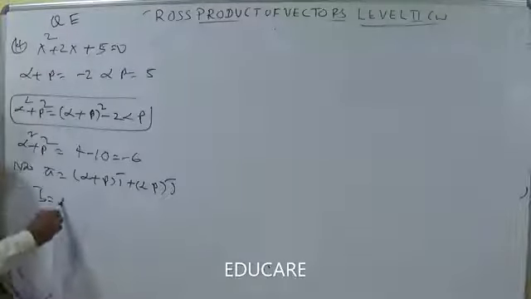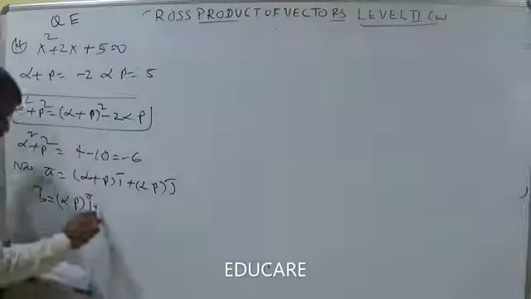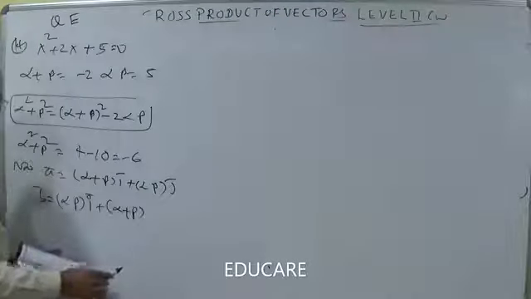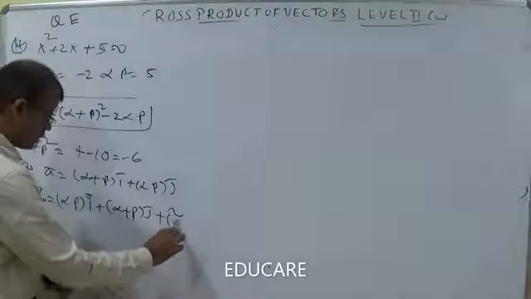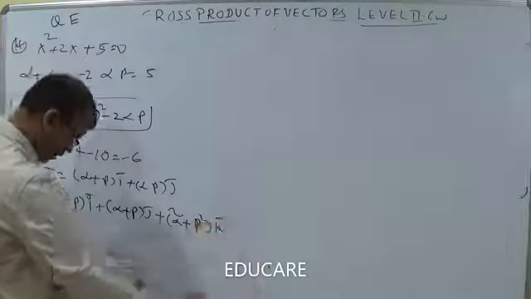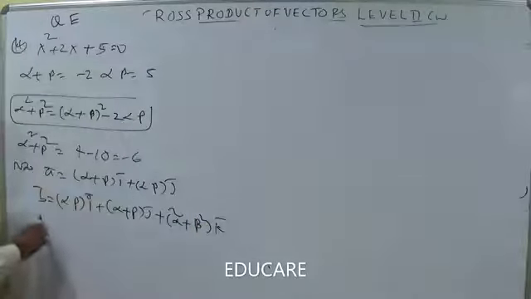The vector b bar he has given as alpha beta into i bar plus alpha plus beta into j bar plus alpha square plus beta square into k bar. Then now you should calculate a cross b.